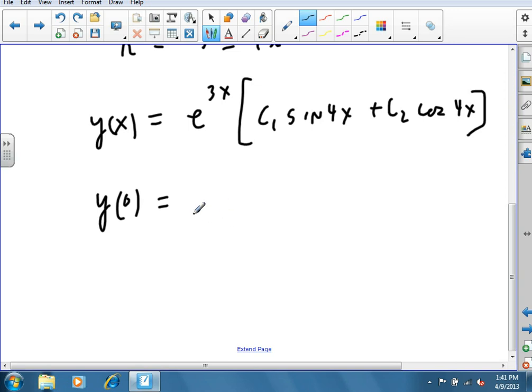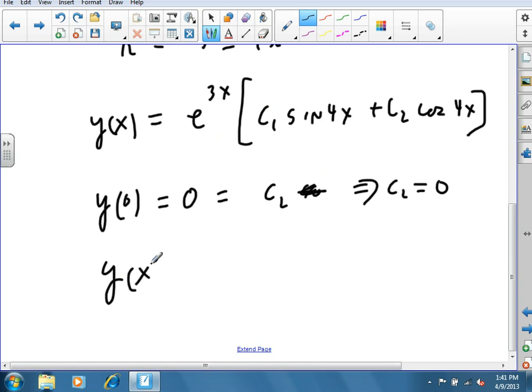Okay, well this is a 1, that's a 0, so it'd be c2, implying c2 is 0. So I got y of x is equal to e to the 3x c1 sine 4x.